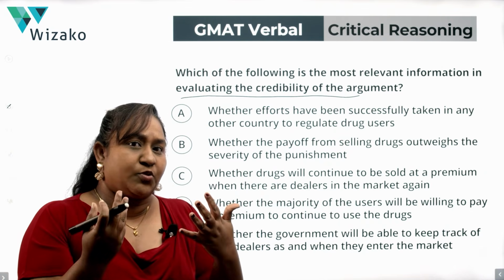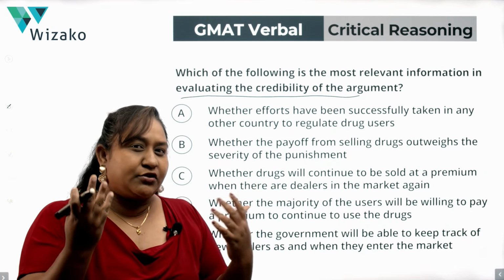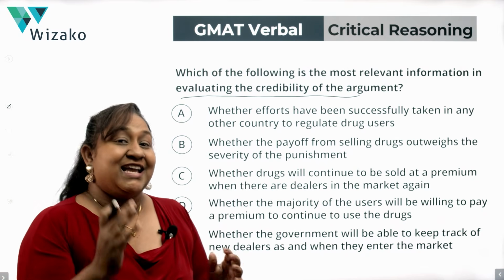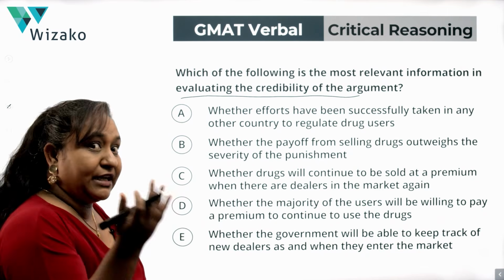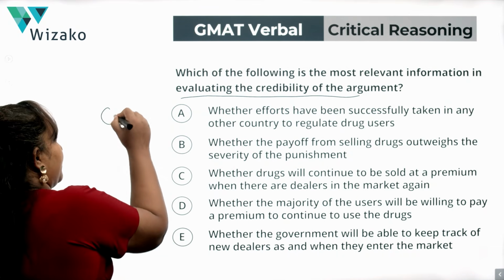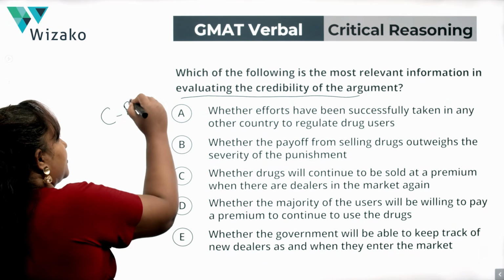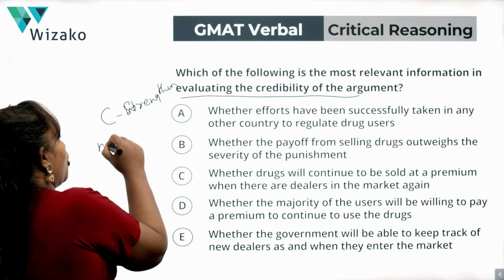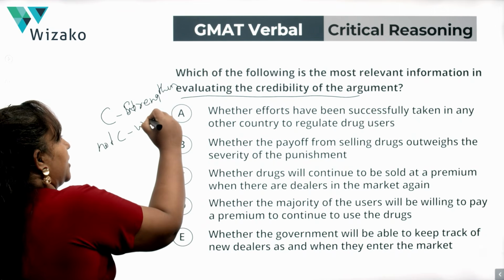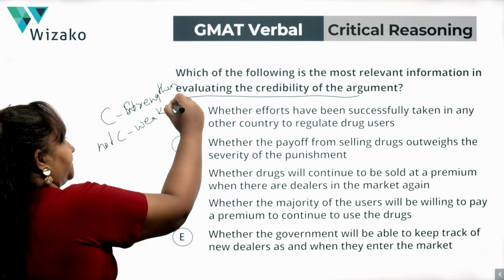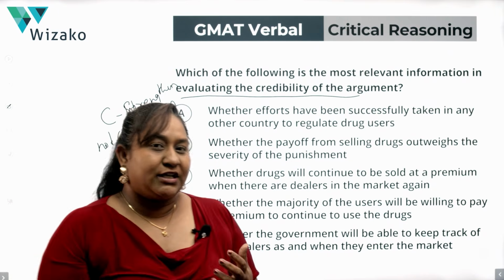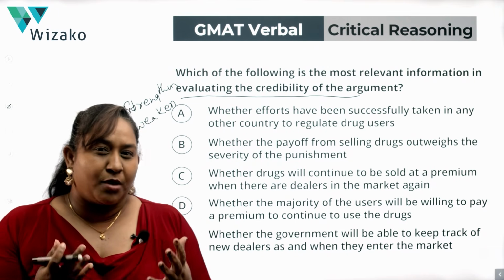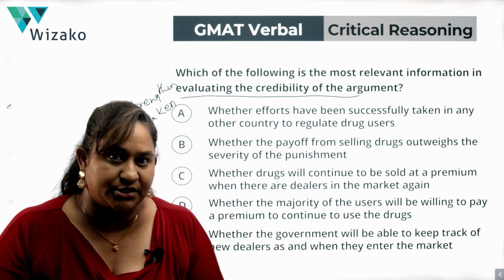Now the author has to respond, and depending on the answer, you're going to be convinced or not convinced. In CR parlance, being convinced is to strengthen the argument, and being not convinced is basically to weaken the argument. So what you have to do is think of evaluate questions as a combination of strengthen and weaken questions.